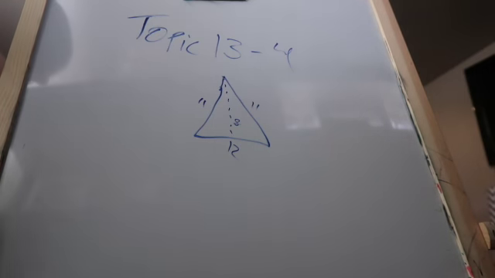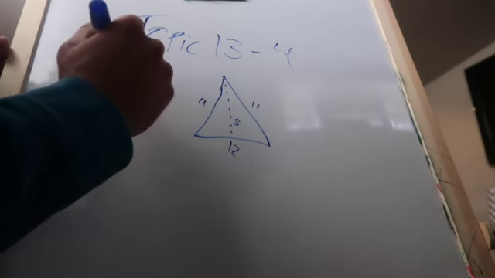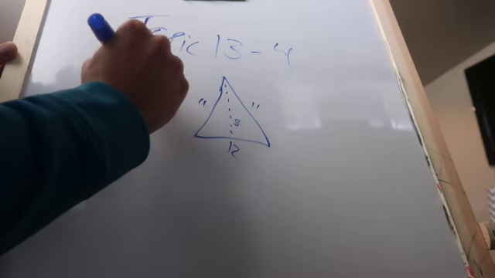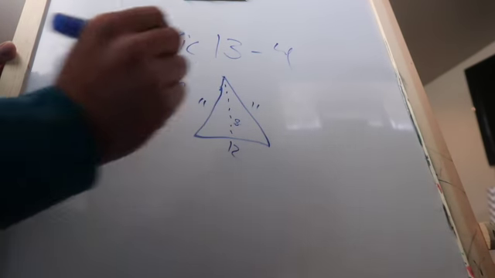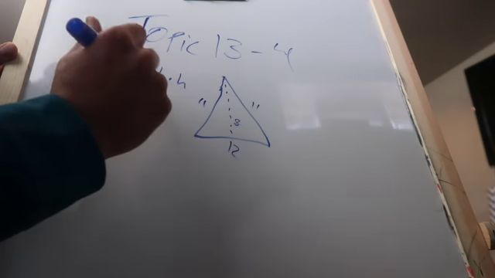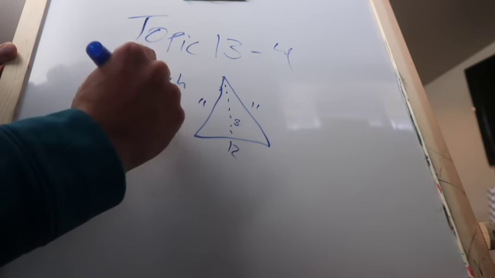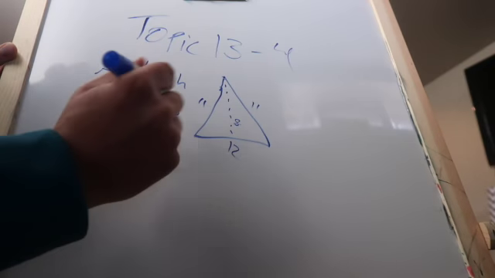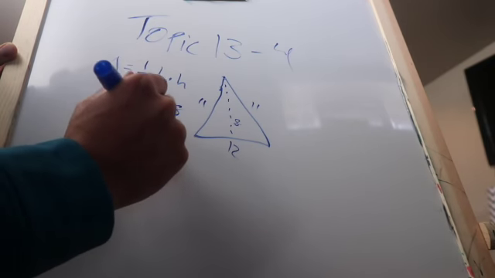Okay, so again, we take 1/2. To find the area, we take 1/2 of the base times the height. We have 1/2 times 12 times 8. 12 times 8 is 96.